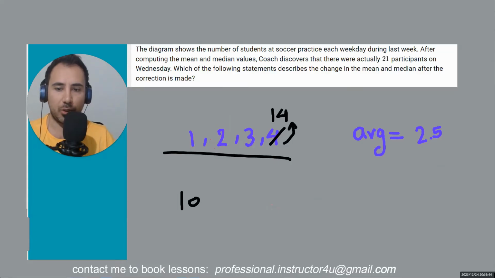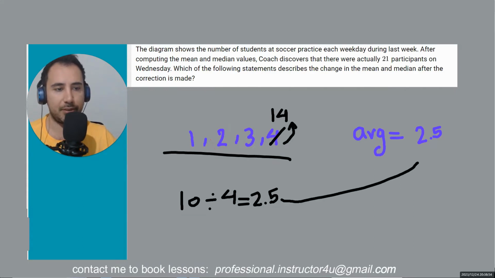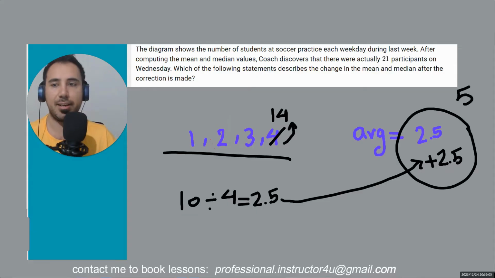How much will the average increase? 10 divided by 4, because we have 4 numbers, is 2.5. So I just add 2.5 to this. The average of these numbers, 1, 2, 3, and 14, is actually 2.5 plus 2.5, which is 5.